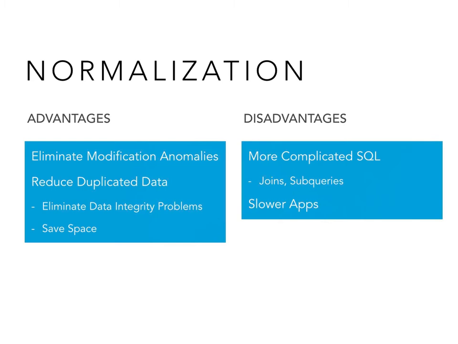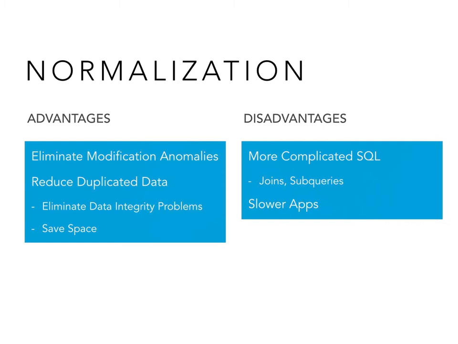It's got to do the joins. For an updatable database, we take that trade-off, because we would rather eliminate modification anomalies, and we'll take the hit on performance. You can see here, we're going to come back to this same slide on the other side and say if it's a read-only database, then it's not worth the trade-off. We'd rather just have the speed because we don't have modification anomalies.